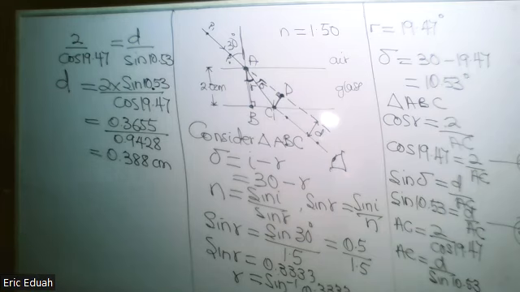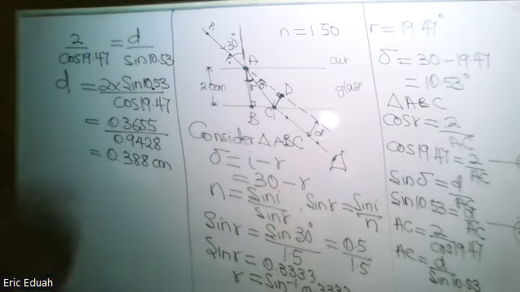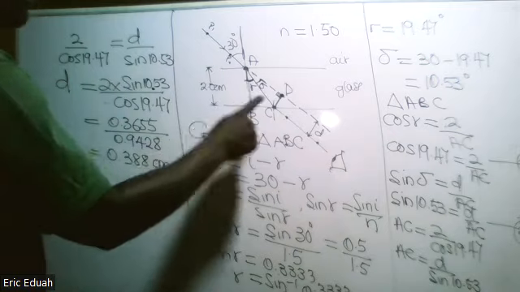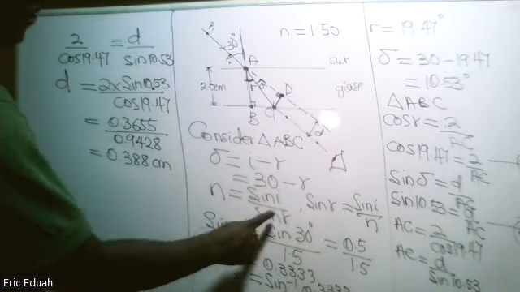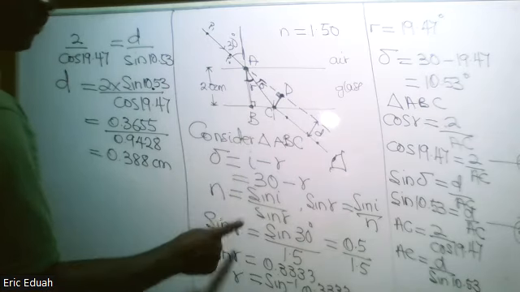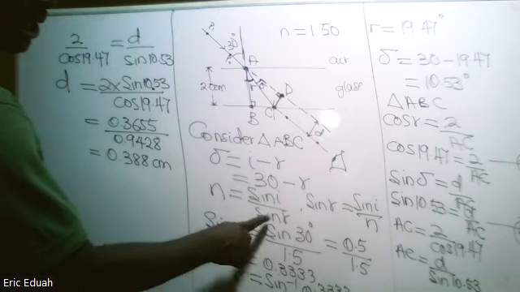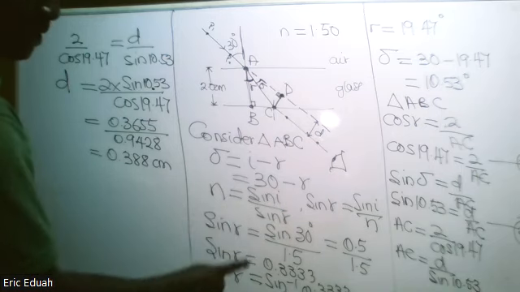Yes, please. Okay, so all that we are doing here is consider this triangle. Don't forget, I gave you a formula. So consider this triangle. Use refractive index formula, sine I over sine R, to find R. Because you have N, you have I, you can easily calculate for the angle of refraction using refractive index.